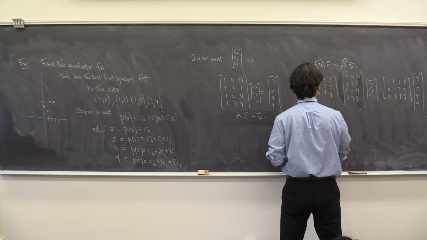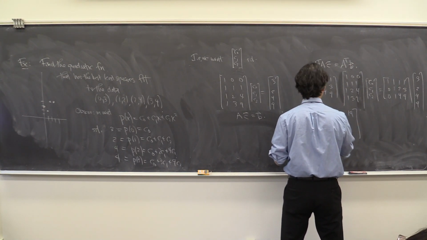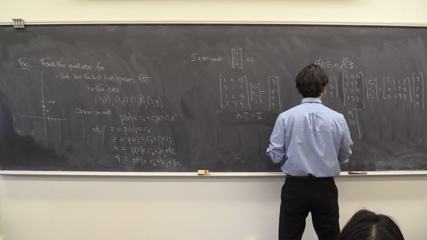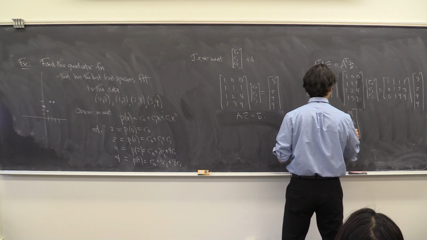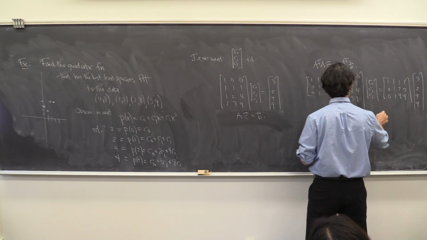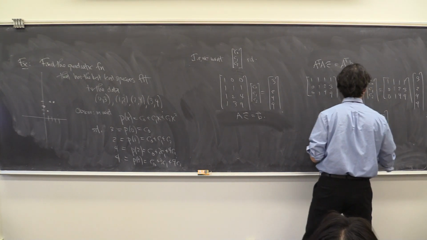If you work it out, it looks like this: 4, 6, 14; 6, 14, 36; 14, 36, 98, times c naught, c1, c2 equals 13, 22, 54.